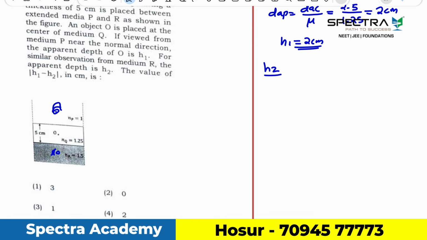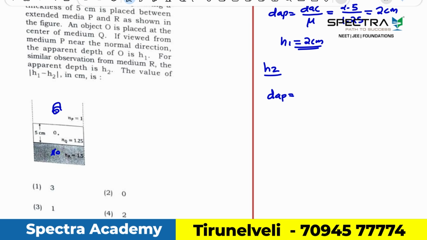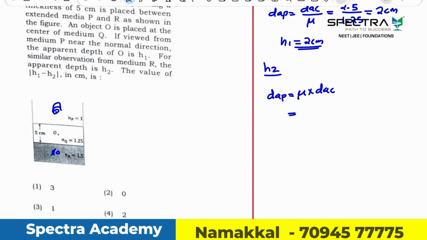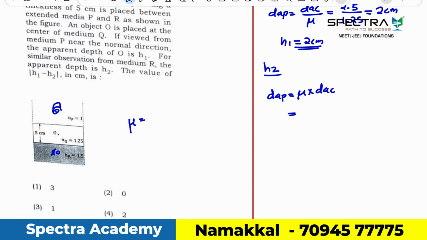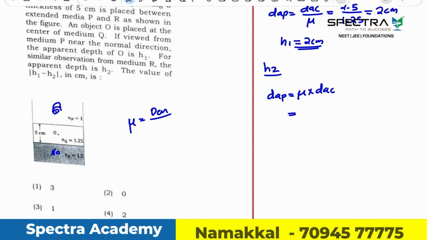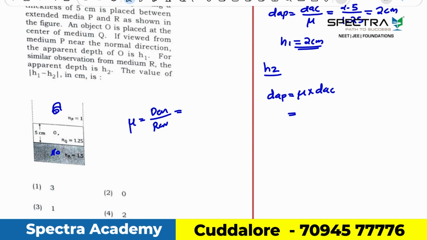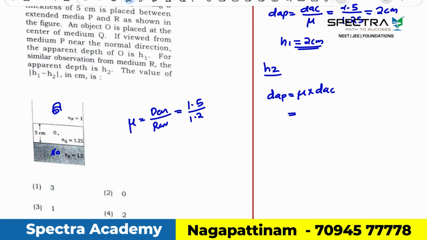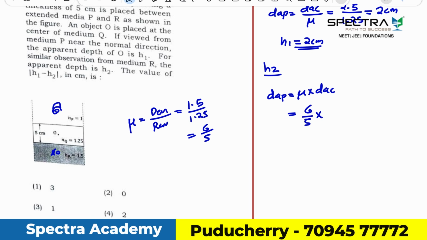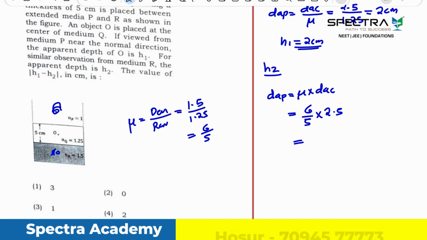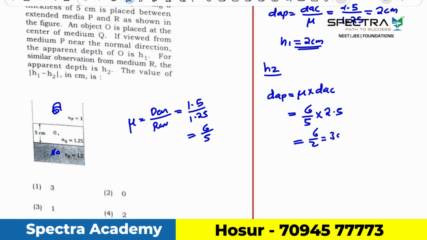So this can be written as d apparent is equal to mu times d actual. Now how to get mu? Mu is denser by rarer. Denser is 1.5 and rarer is 1.25. In short, it is 6 by 5. So it is 6 by 5 into 2.5. So that is 6 by 2, which is equal to 3 centimeters.